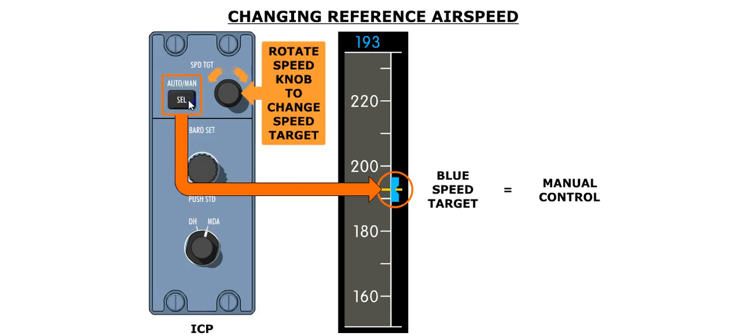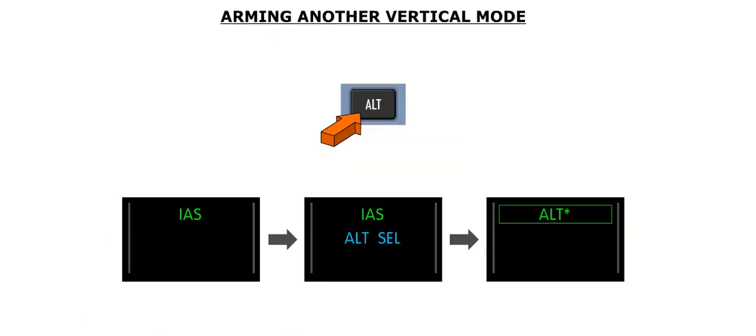When manual is selected, the speed bug on the PFD is displayed in cyan. The speed is increased or decreased by rotating the adjacent speed knob. Any other vertical mode can be armed while operating in the IAS hold mode. Once the new vertical mode is captured, the IAS hold mode will automatically disengage.